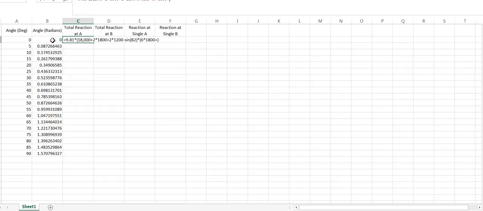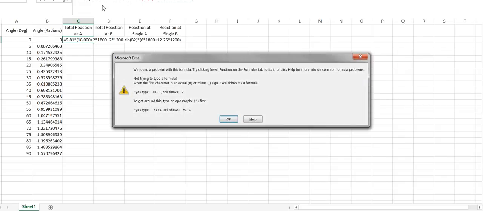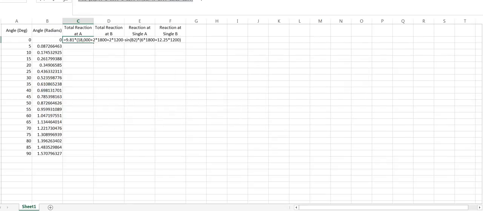And then adding 12.25 times 1,200 kilograms for my load. So that's the end of my numerator, and I realize you can't quite see what I'm typing here. Oh, you can see it down there. Okay, that's fine. So that's our numerator, and we're going to divide that by 4.